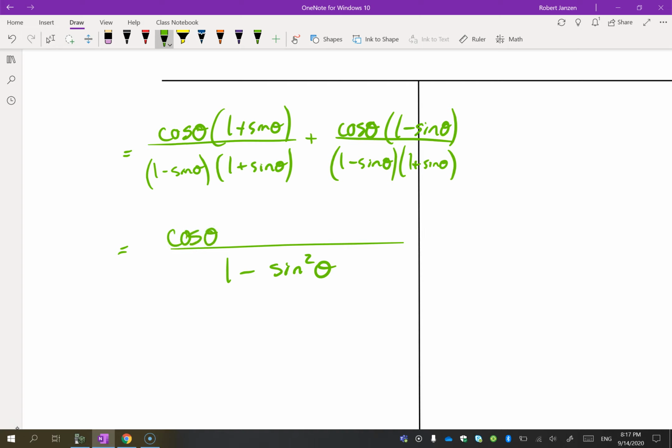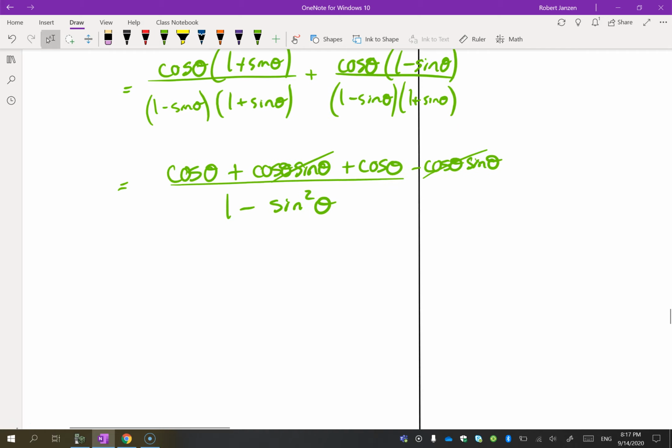Here I'm going to get cos plus cosine plus cos minus cosine. And those two cancel out.